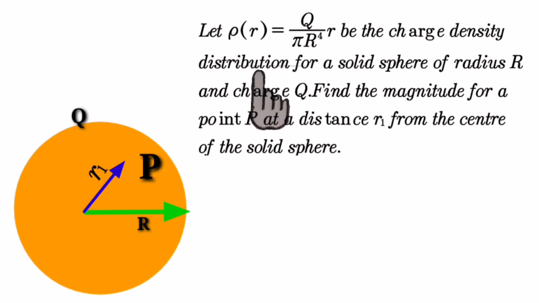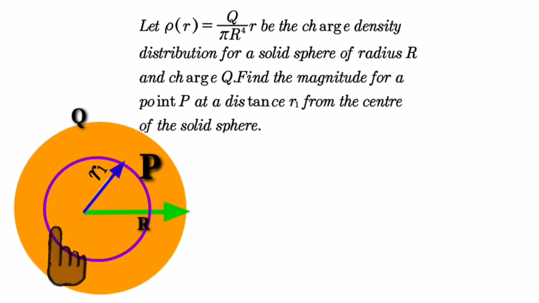Here in this question it is given that the charge density rho, as a function of small r, is equal to Q by pi into capital R to the power 4 into small r, where R is the radius of the solid sphere. So we have to find the electric field at a distance r1 from the center of the solid sphere. Now we consider a Gaussian surface of radius small r1.